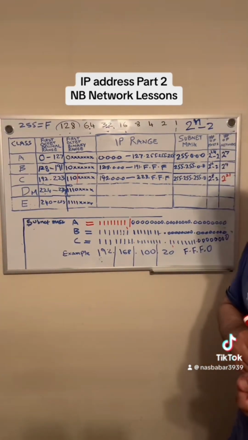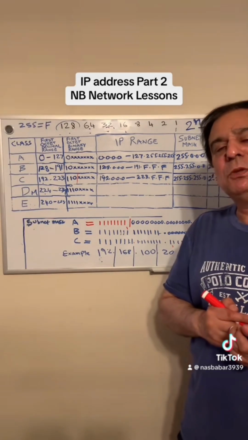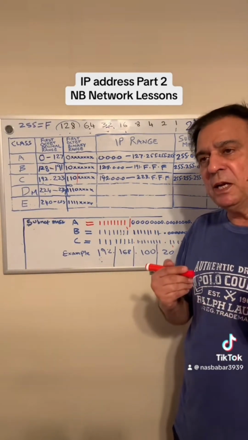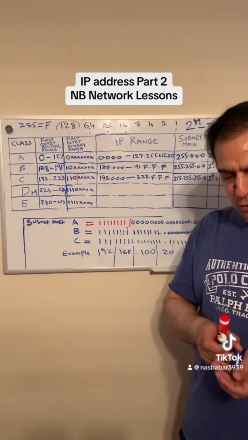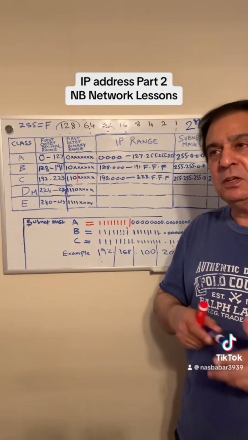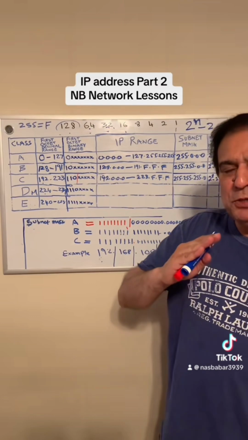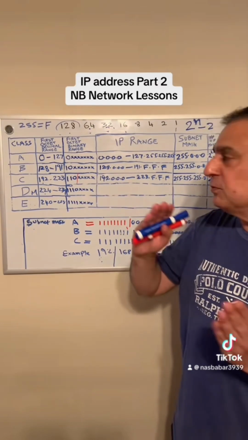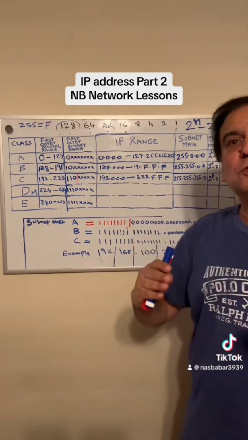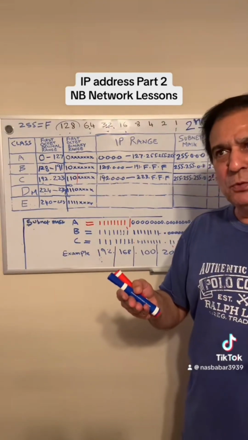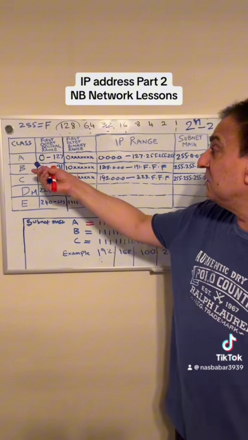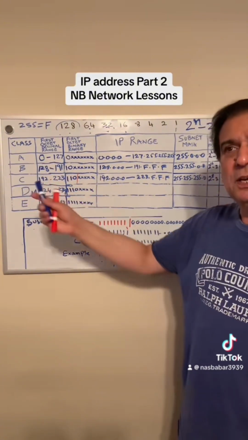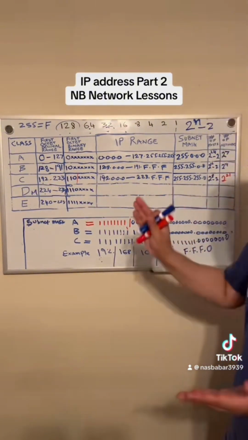In the next IP address lesson, lesson number 3, I'm going to look at some examples. We're going to have some IP addresses, and we're going to go beyond the traditional subnet masking, which is called CIDR. In other words, you can move the default mask, even though it's a class A, class B or class C. We can change the subnet mask.